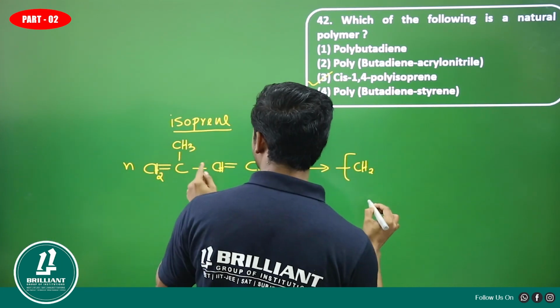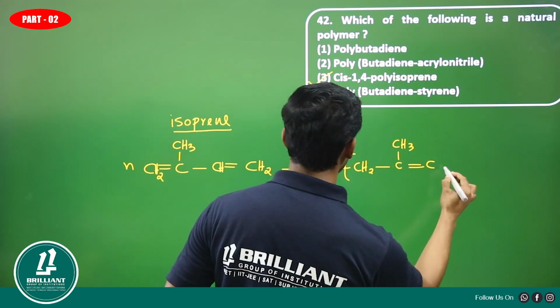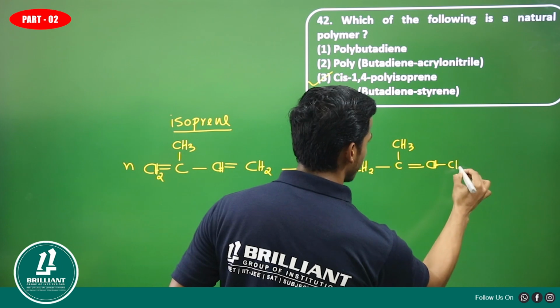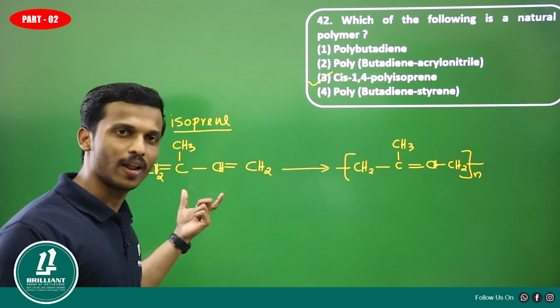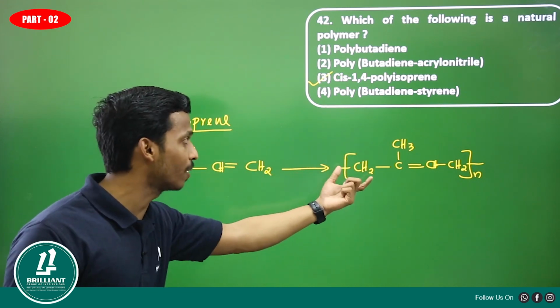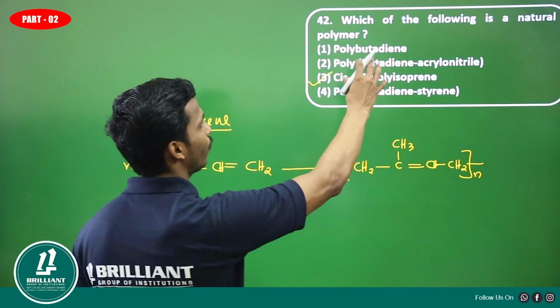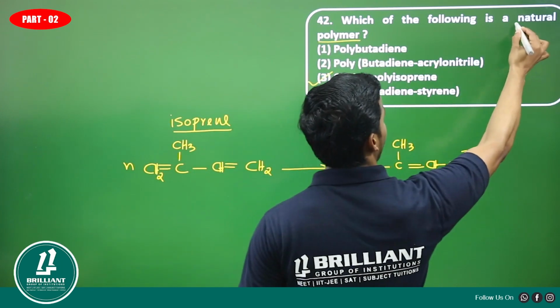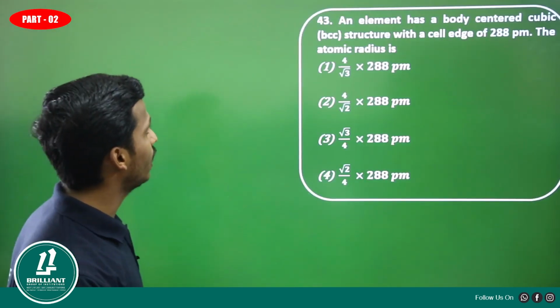CH2, this double bond will transfer here, CH3, double bond, CH, single bond, CH2. This is called natural rubber, and this is isoprene. So which of the following is a natural polymer? Answer is third one.